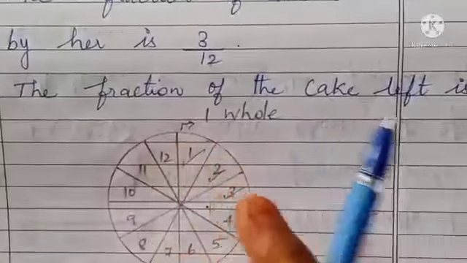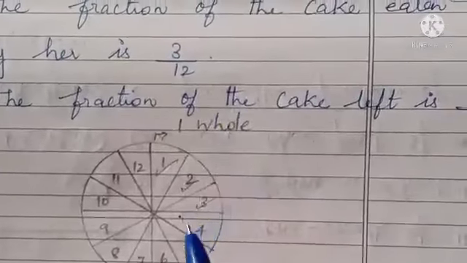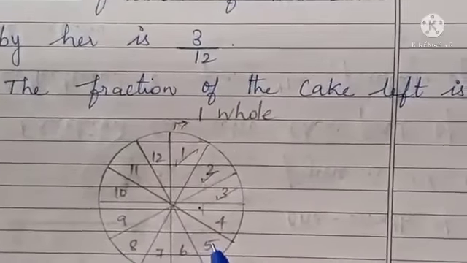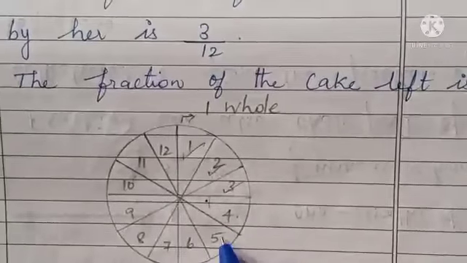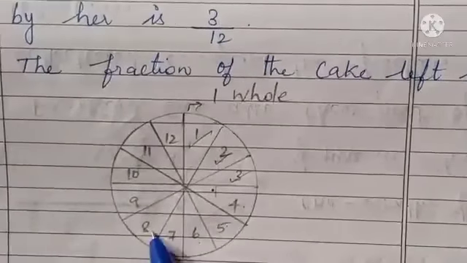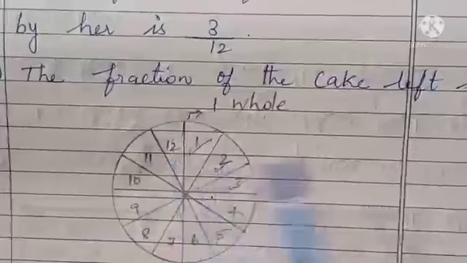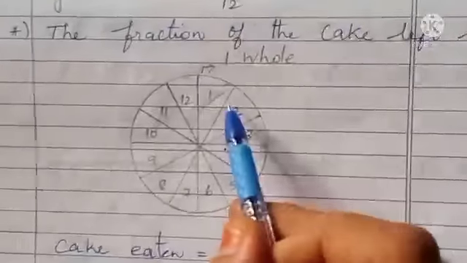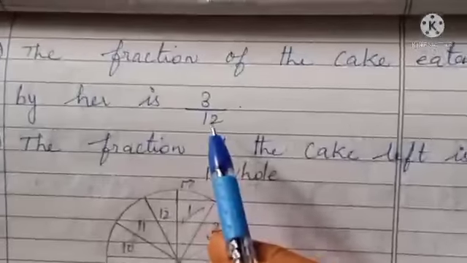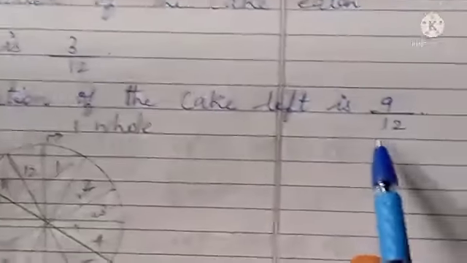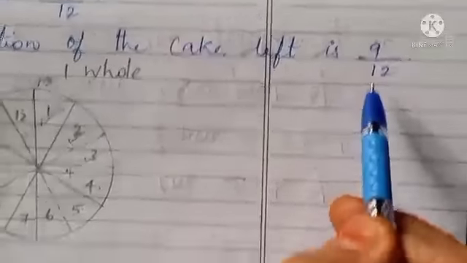This much of the cake Kavya ate. The balance remaining, how much of the cake is left over? 1 2 3 4 5 6 7 8 9. So 9 by 12. The 12 in the sense is the total number of pieces. So this is the fraction for Kavya's eaten part, and this is the fraction for the leftover cake.